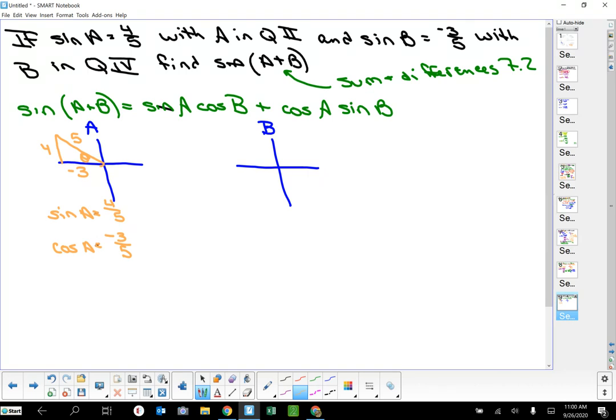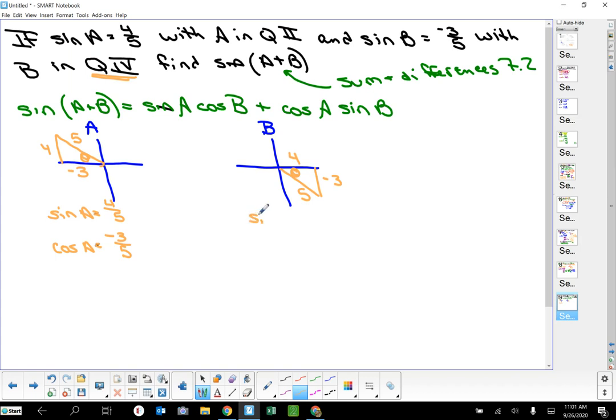All right, and then for B, we're in quadrant 4 here. So I'm going to draw this guy. Theta's here. Sine is negative 3/5. That makes this guy 4.